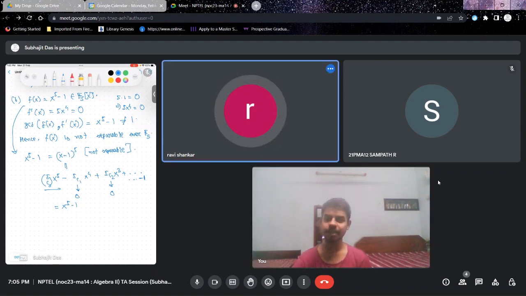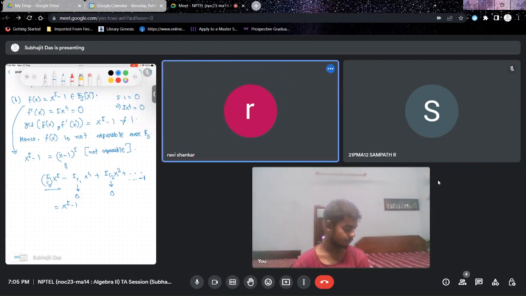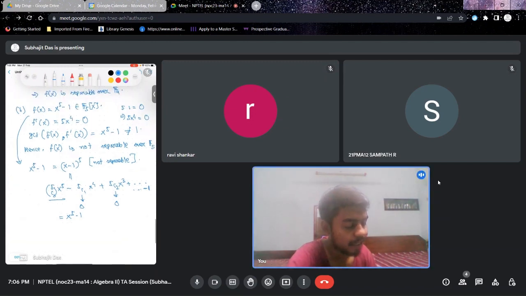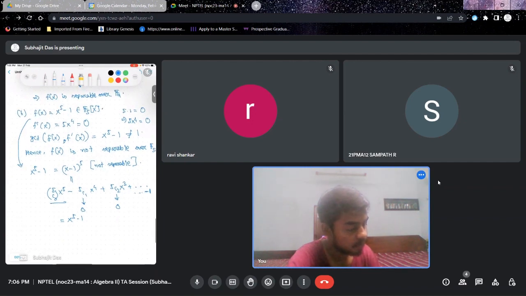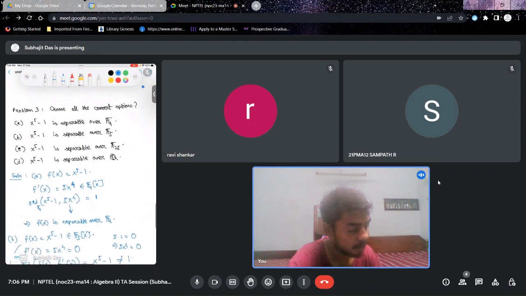So it has repeated roots, right? 1 is a root of multiplicity 5, which means that the polynomial cannot be separable. Yeah, so option B is not correct.